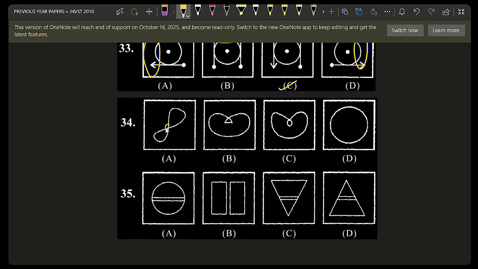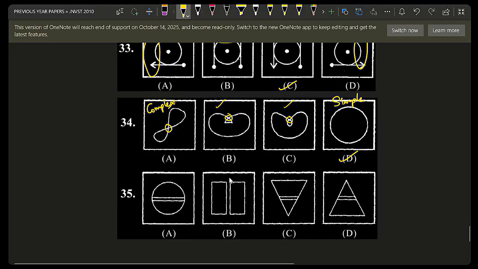So the curves are intersecting here, here, and here. We discussed in geometry the two types of curves. A curve which intersects itself is called a complex curve. So this is complex, this is complex, this is complex, but this is a simple curve. A simple curve means one which does not cross over itself. So option D is the odd one out.